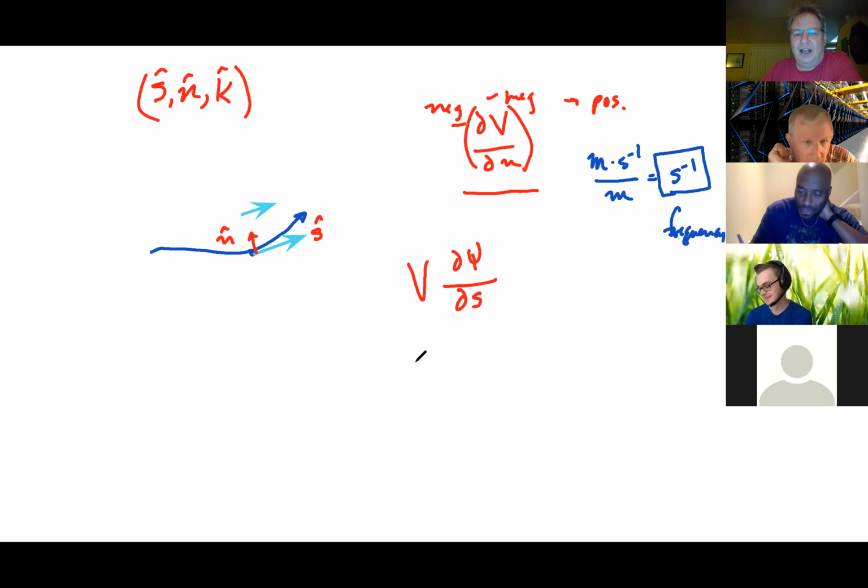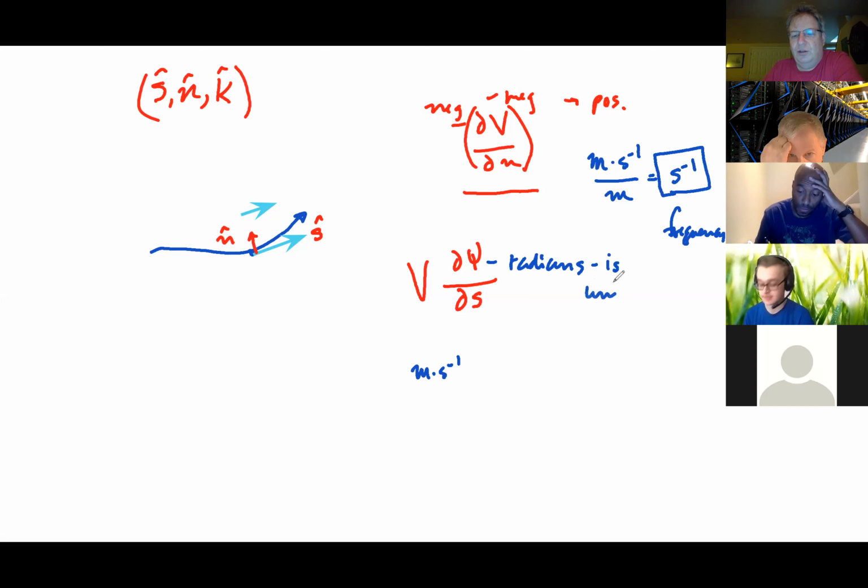So what's the unit of velocity? Too much caffeine. Unit of velocity is meters per second. What's the unit of a change in the angle? Radians. Right. But radians per meter, what do you know about radians?